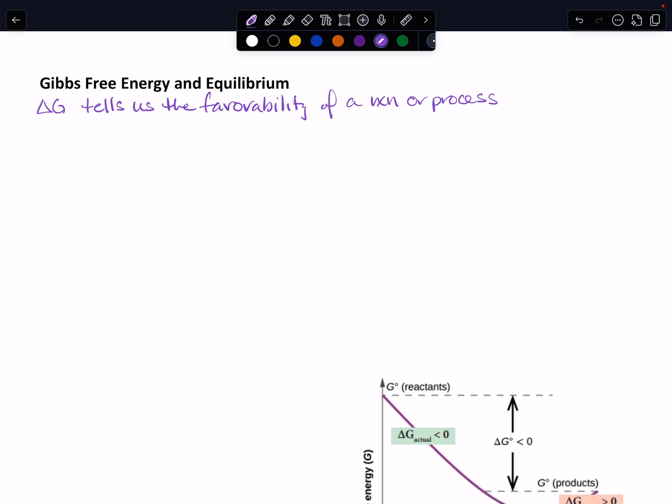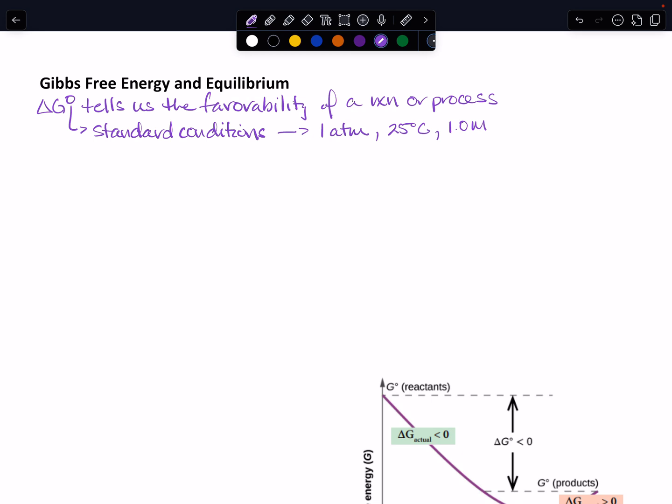Now, I want to add a piece here. I'm going to put this 0 here, and this tells us that we are under standard conditions. We should define that as we move forward. Similar to our gas laws, it's 1 atmosphere of pressure for any gas involved, 25 degrees Celsius or 298 Kelvin.